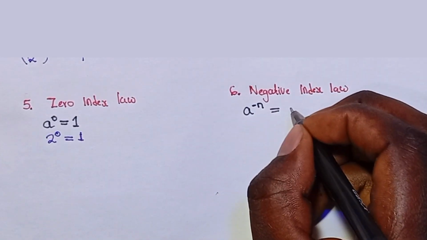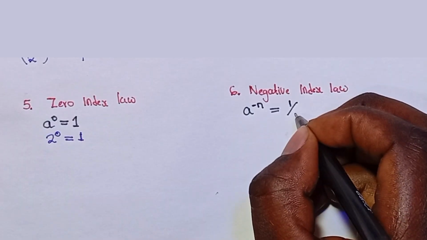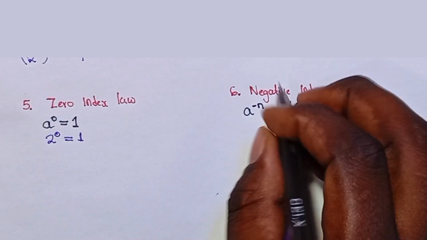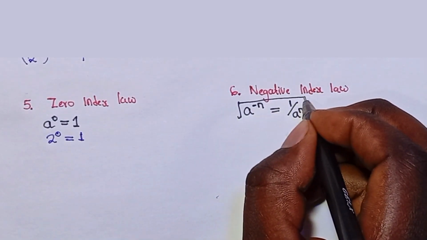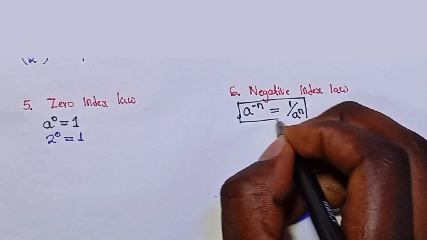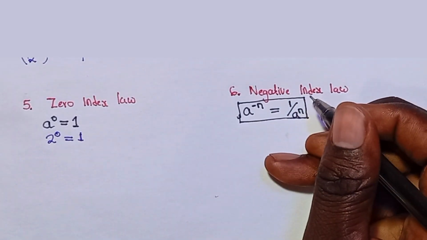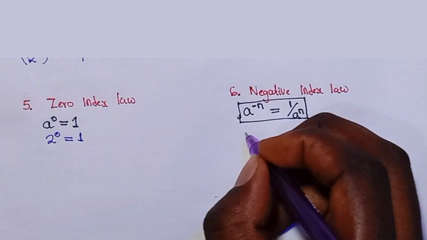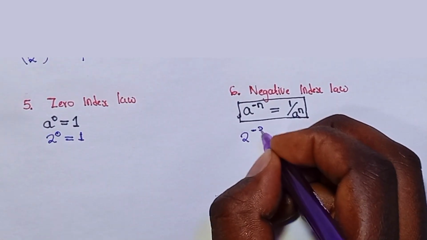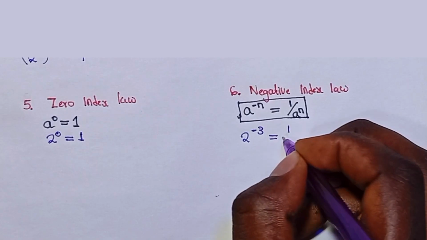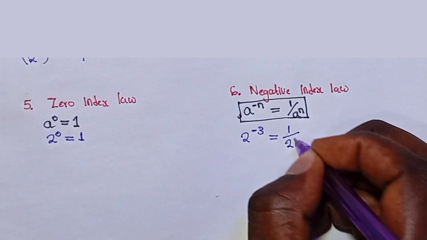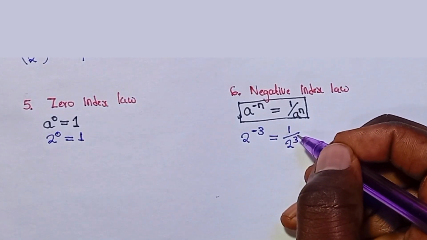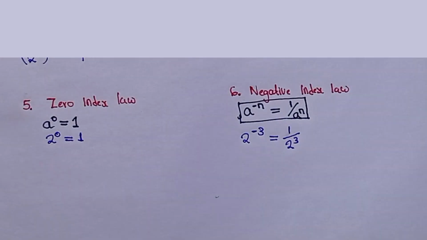This is going to be the same as 1 all over a raised to n. So this is our formula. A negative power means the reciprocal of the base raised to the positive power. So for example, if we have 2 raised to negative 3, we can have two methods.